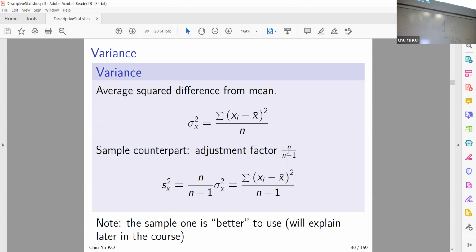Unless you tell it to give you the population one with .P, then it gives you the population one. So that's the reason why we use it. Of course, we will explain that in, I think, the 6th week, the second half of the class. We'll tell you why this is the good one. The idea is it's a better one to use.